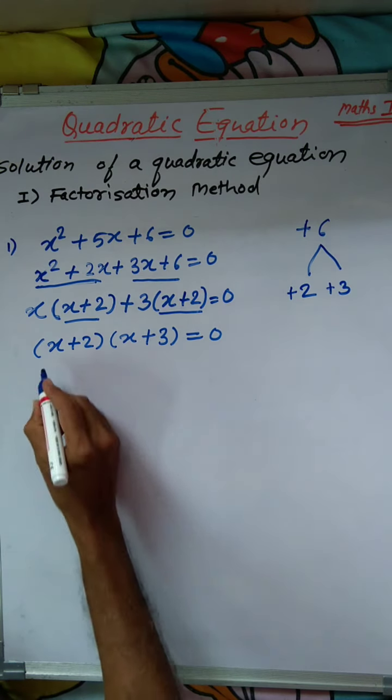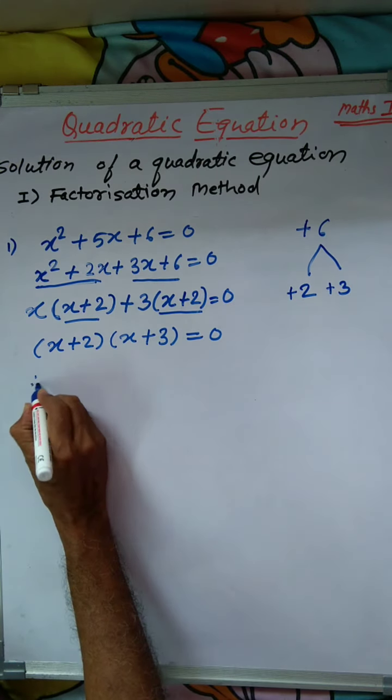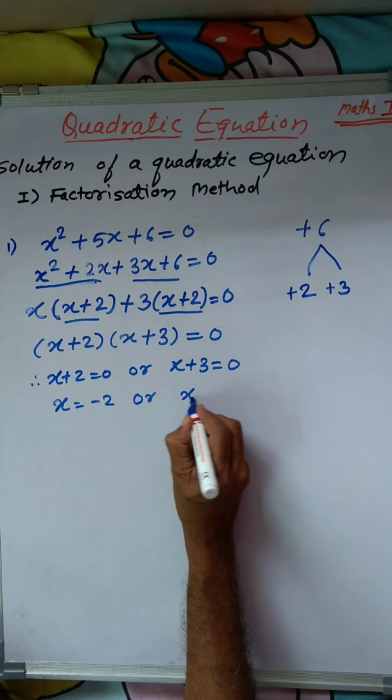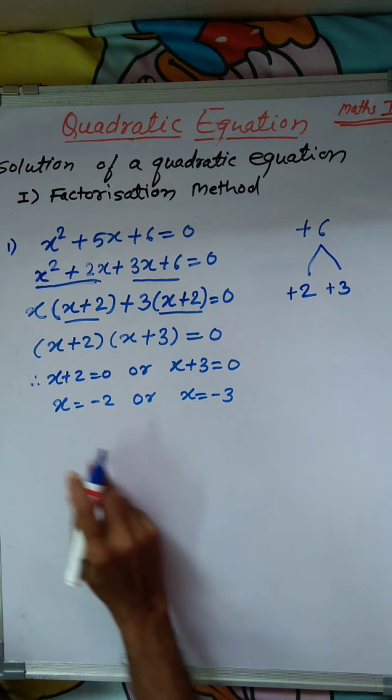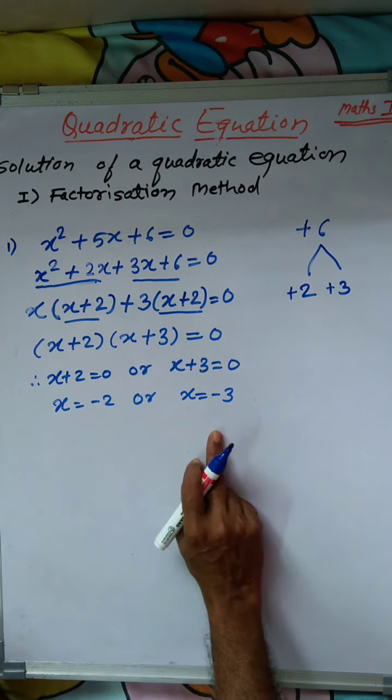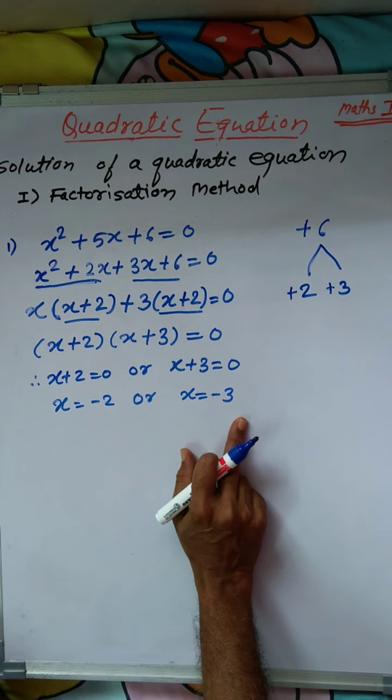That means x plus 2 is equal to 0 or x plus 3 is equal to 0. Therefore x is minus 2, or x is equal to minus 3. That means x is equal to minus 2 and x is equal to minus 3 are the roots of this quadratic equation.